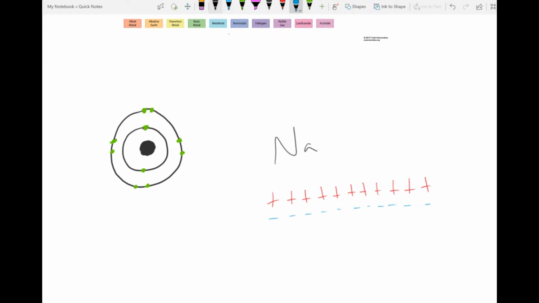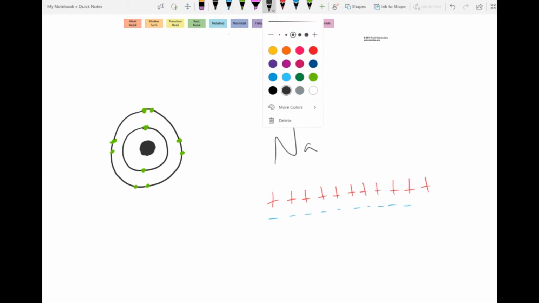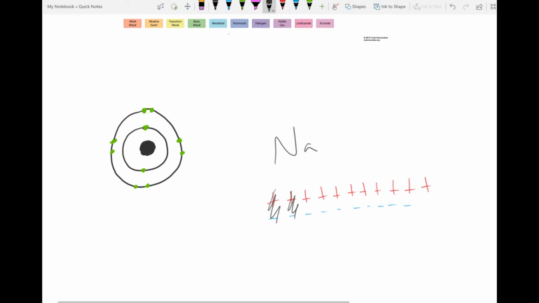However, when you get rid of that one electron, if you look at what's happening, well, these two are going to cancel each other out, neutralize. You're going to be left over with the positive charge because you lost a negative charge, and so you get Na+.